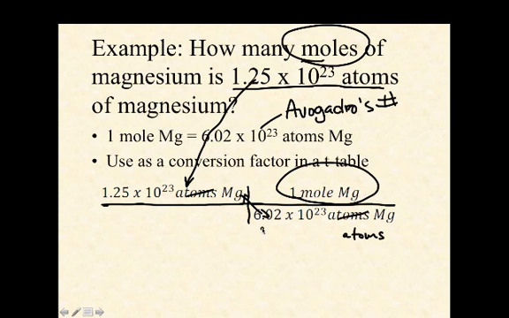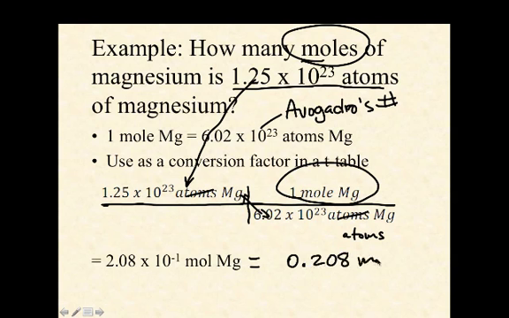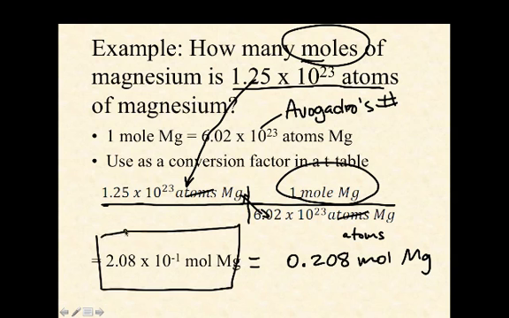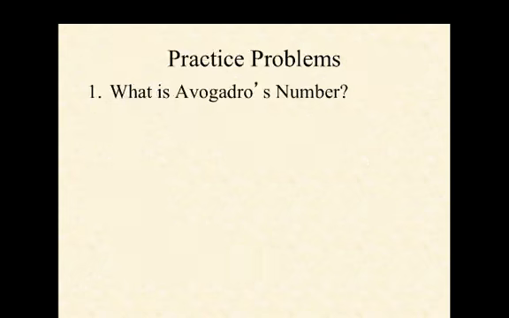And then we're going to divide by what's on the bottom. So divide by 6.02 times 10 to the 23, and we get 2.08 times 10 to the minus 1 moles of magnesium. Now your calculator might have it written in this way. And that's okay, because it's the same exact number. Just put a box around your answer, because that's the way I like it. So that's how we use moles.